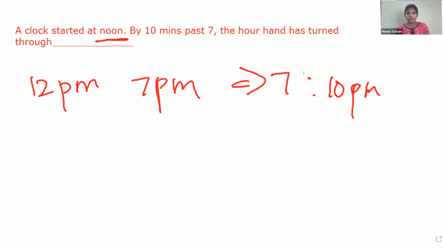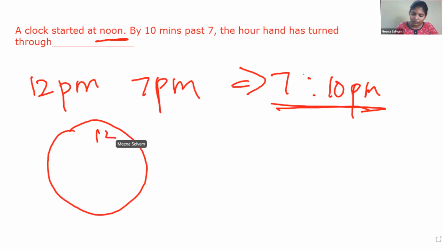At noon means it is 12 o'clock in the afternoon, 12 p.m. So after that, the 7 o'clock which comes is understood like it is in the night, 7 p.m. And past 7, 10 minutes. 7 o'clock it started. After that, 10 minutes is over. So 7:10 p.m. So for this timing, find out the angle between the two hands, hour hand and minute hand. So I taught you now.